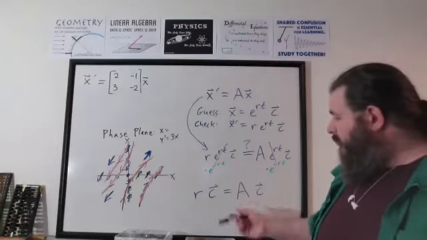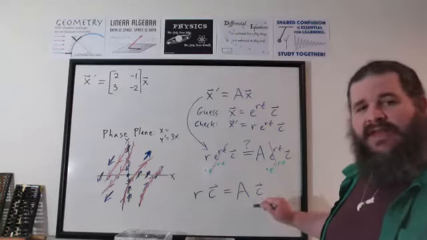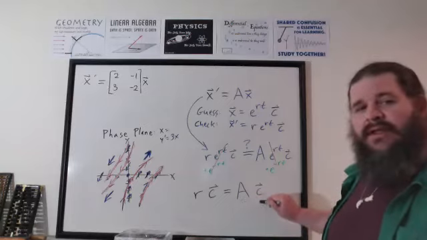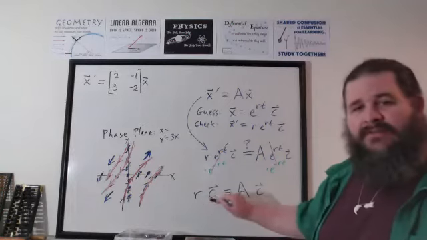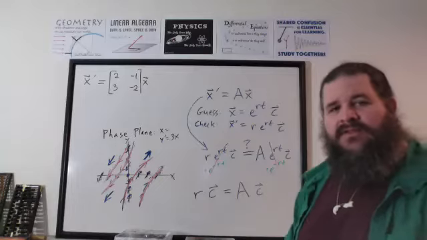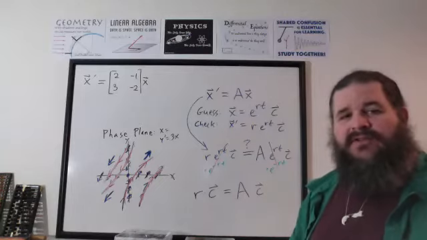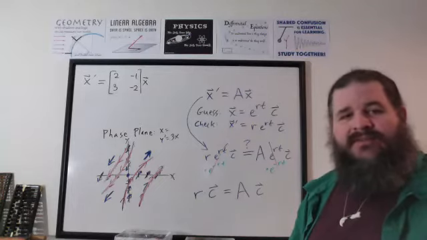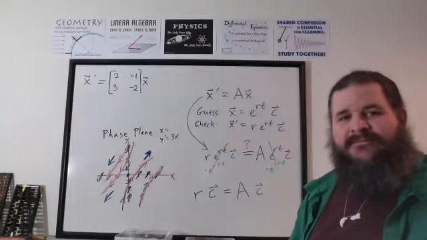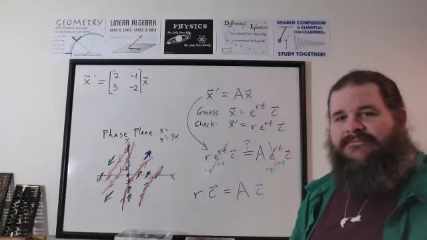But what we can conclude is that we now have some vector such that the matrix times the vector is exactly the same as the scalar times the vector. Think back to linear algebra. What do we call it when a matrix times a vector happens to equal a scalar times the same vector?